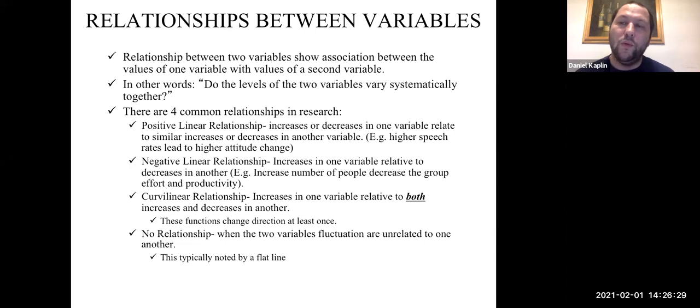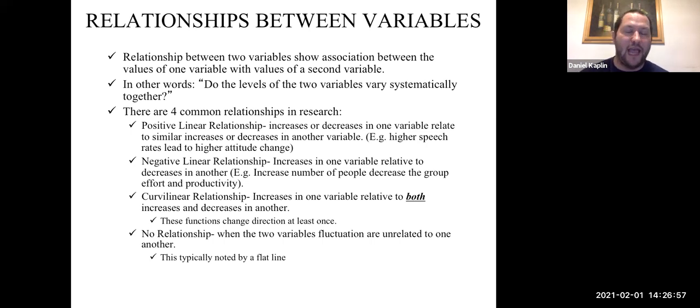Now, when we talk about the concept of a positive linear relationship, the word positive in this particular context is not a value judgment. We're not saying it's good or bad, so positive isn't necessarily good. What we're saying is that the variables go together in the same direction. What do I mean by that?